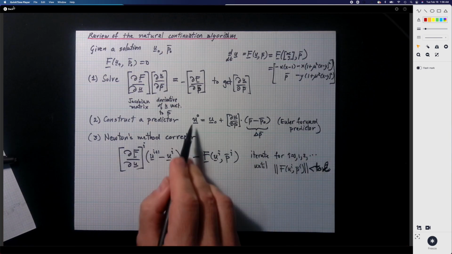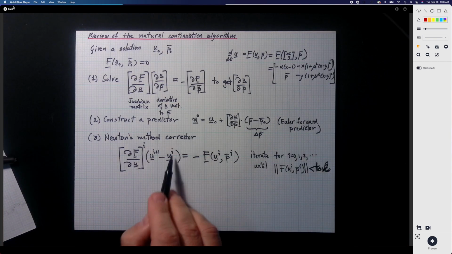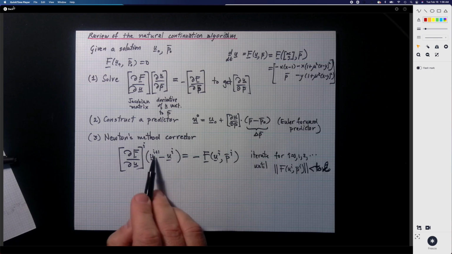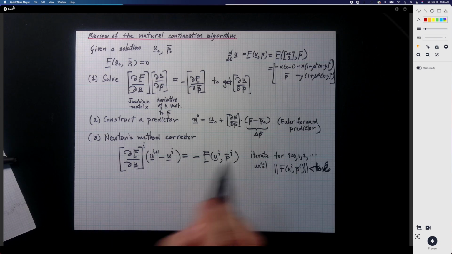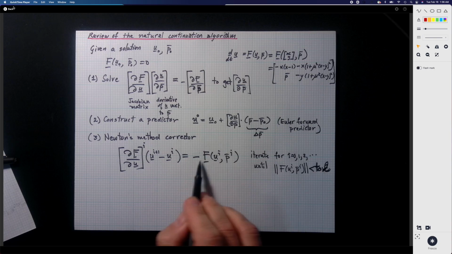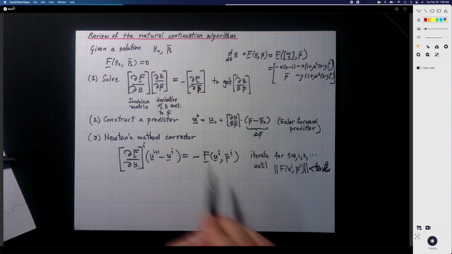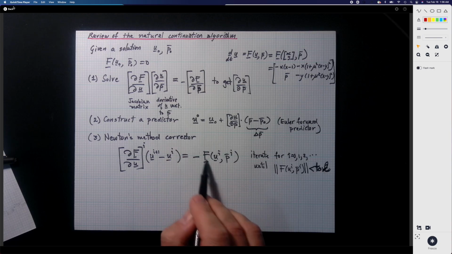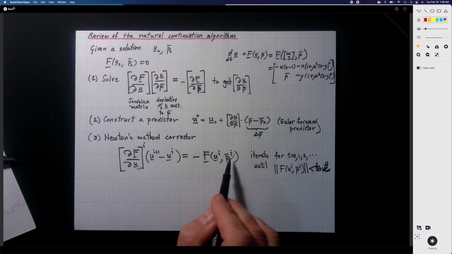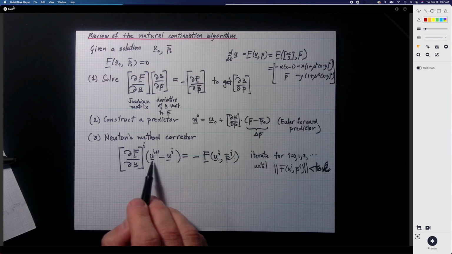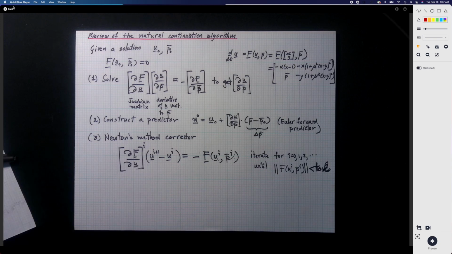When I is 0, I can compute U1 by solving this system of equations. If this is U naught, this is going to be small, we hope, but not exactly 0. If it's 0, that's great, but if it's not, then we can get a new, better solution by correcting the old one by solving this system of equations.